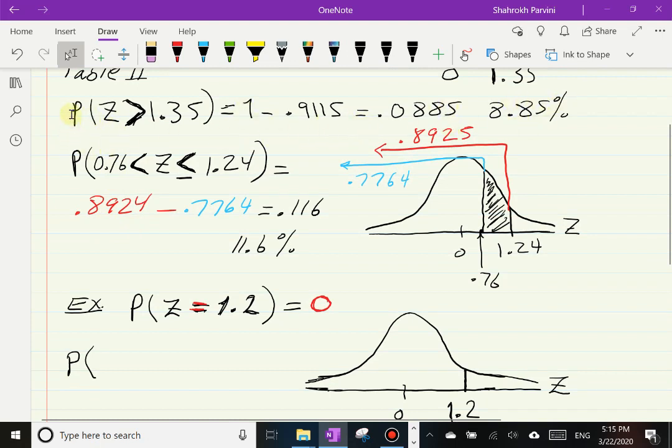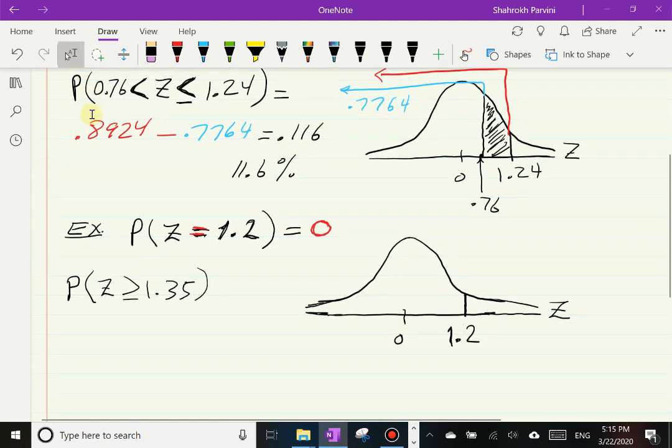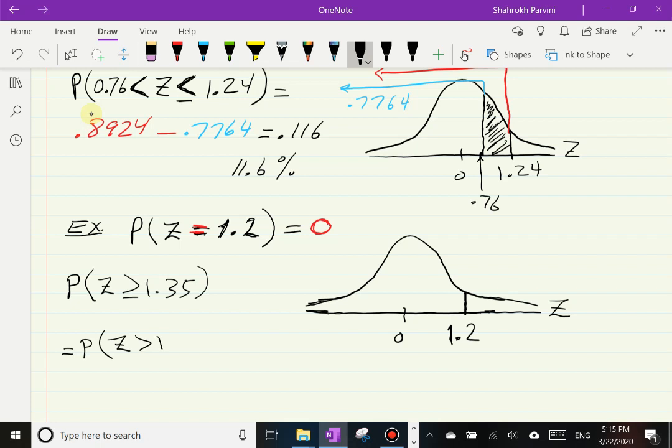So if I change that to a probability of a z greater than or equal to 1.35, again, notice the way I read this statement is greater than or equal to. The keyword here is or. And based on the way we read this statement, that's probability of greater than or equal to 1.35.